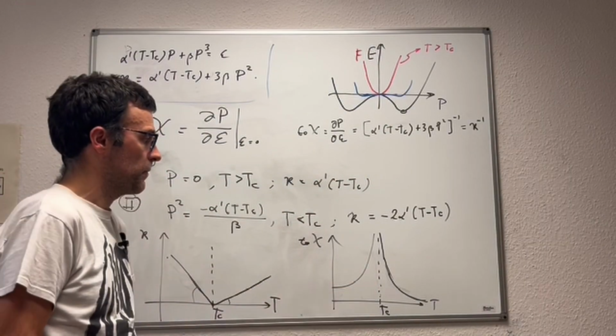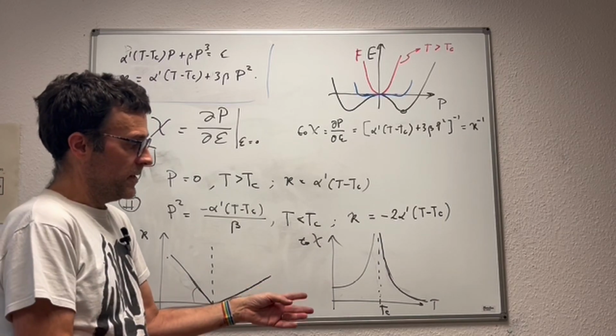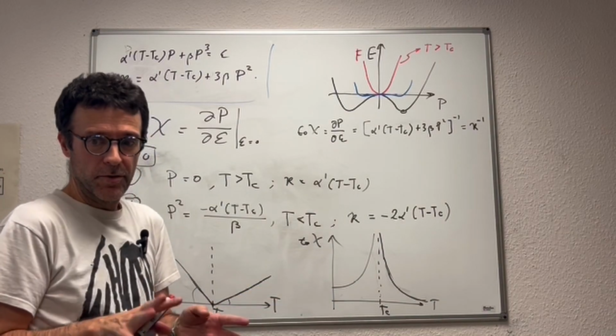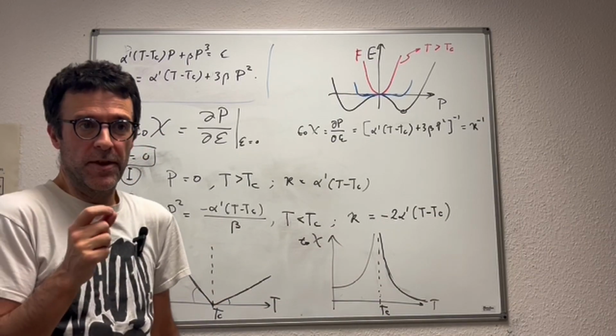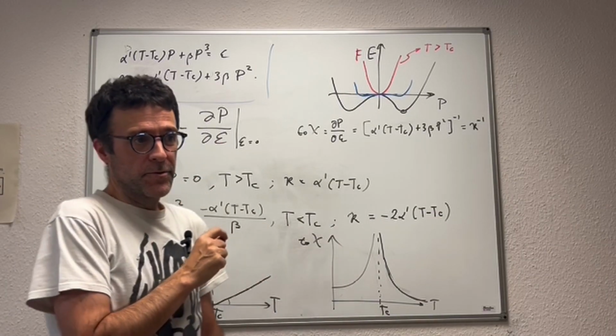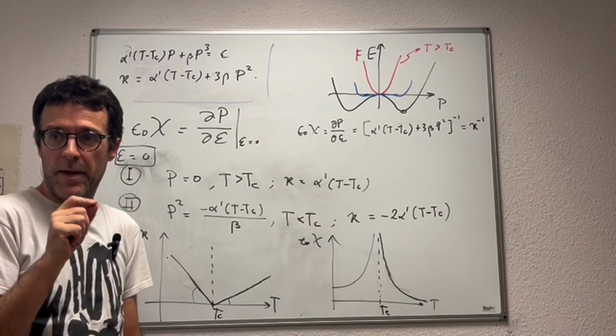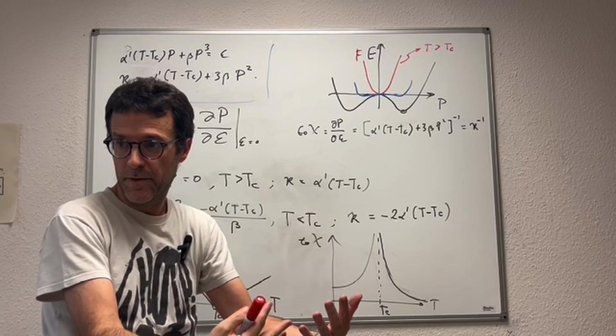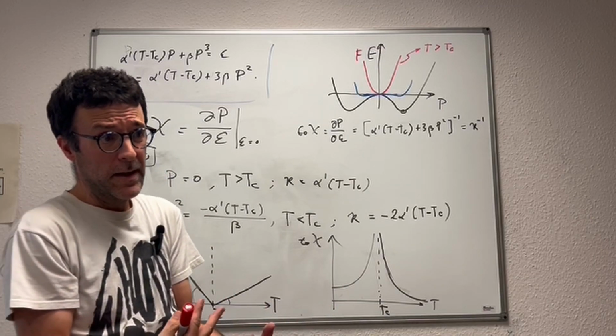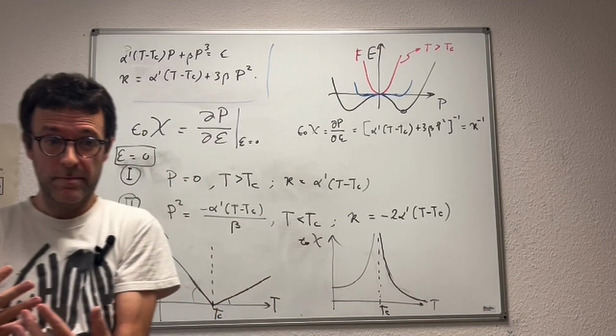Okay, that's one thing. But another thing that is very interesting here, and that sometimes leads to confusion, so I want to make the point, is what does it mean to have a divergent susceptibility? Having a divergent susceptibility seems to imply that if we apply an electric field to this material close to this region, we will get an infinite polarization. And that is not true.